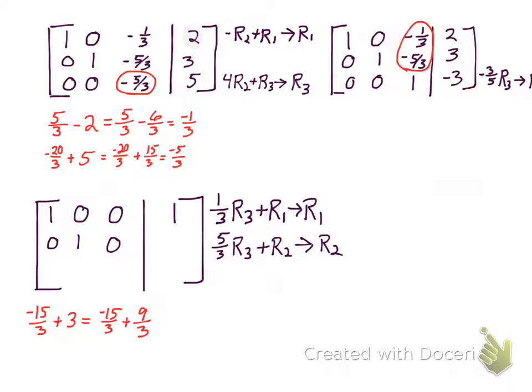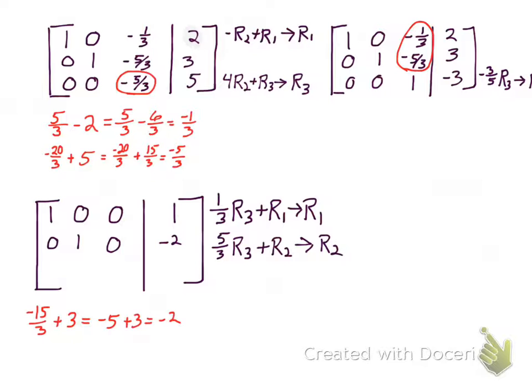Oh, I didn't have to go that far. Never mind. Scratch that. What's 15 divided by 3? 5. Let's just do it that way. That's just a little easier. So negative 5 plus 3 equals a negative 2. So we have negative 2 here.